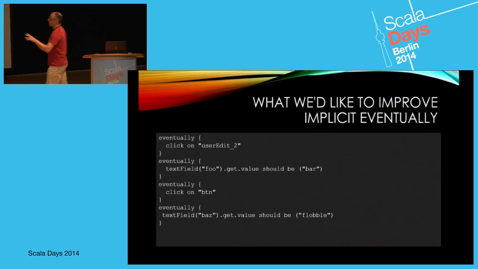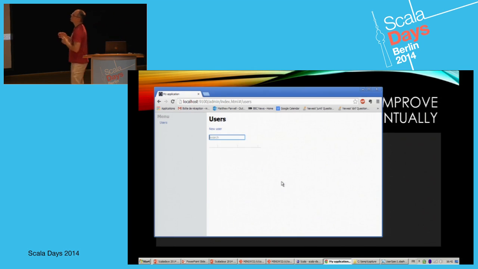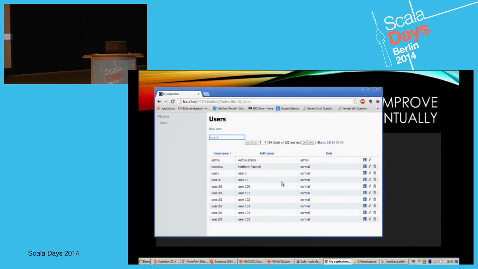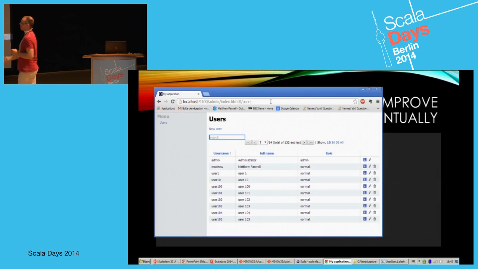Well, the answer was that there is an implicit wait already in Selenium, and that's true, but it doesn't get around the problem. Let me try and illustrate the problem. When I refresh the page, let's say I'm looking for this table to exist. I'm doing a lookup on the table initially, so this will succeed, but it won't have any data in.